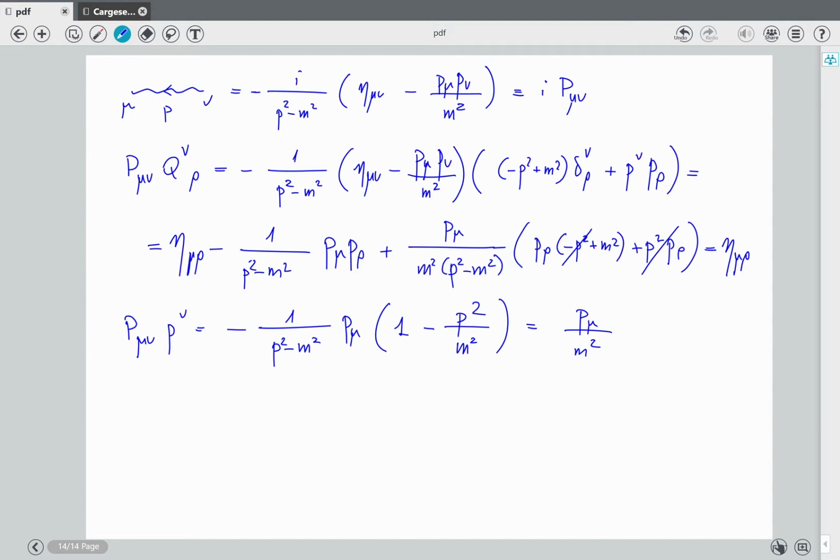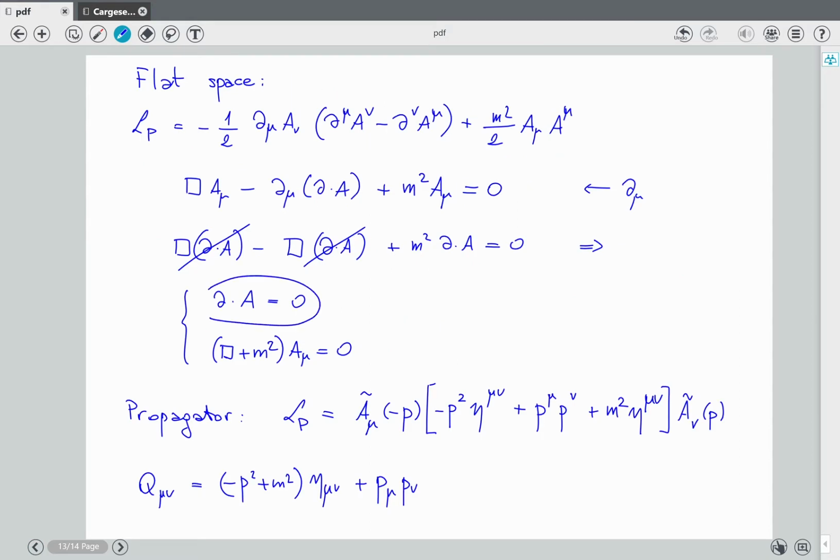So what does it mean? What is the meaning of this calculation we have already done? The meaning is as follows. You see that this propagator has a pole, but the contraction doesn't have a pole. So that means that not all 4 components of the field do propagate indeed, because one of them is killed, because the divergence, classically you see it like that, the divergence is identically 0 by means of the field equations.